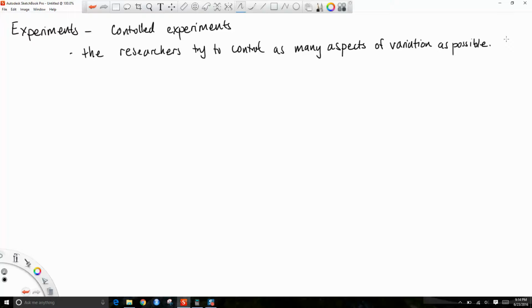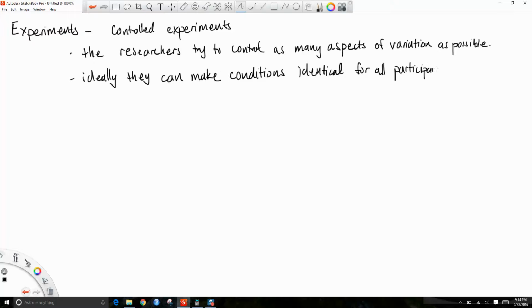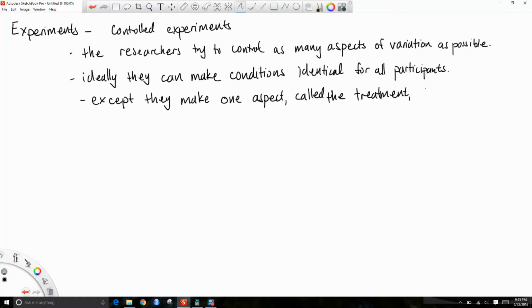Ideally they can make the conditions identical for all participants, except they make one aspect, called the treatment, different between the groups of participants.